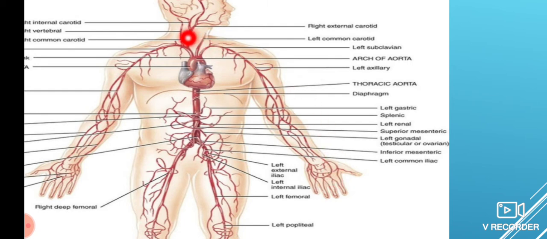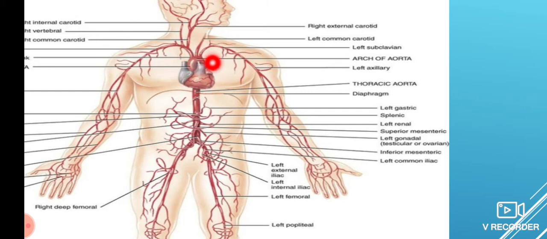And through common carotid artery, the blood reaches the head and brain. Now we can move to the descending thoracic aorta and descending abdominal aorta. Descending thoracic aorta is the continuation of the arch of aorta. This descending thoracic aorta is the part of the aorta that is passing through the thoracic cavity.